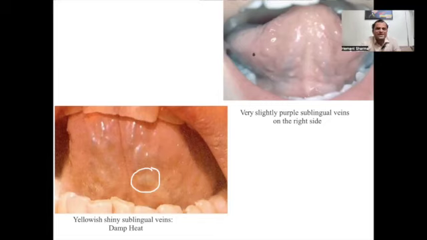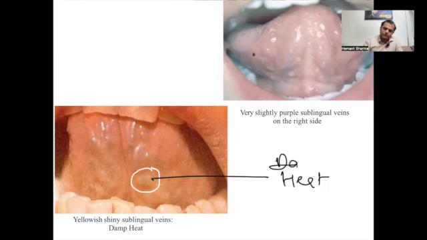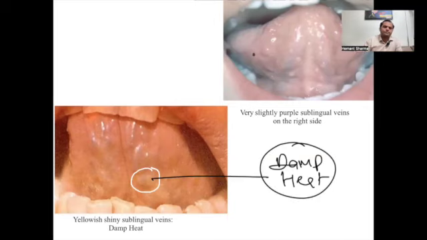Yellow color and shiny. So the yellow color is the color of heat. So this is damp heat, because shiny, damp heat. Maybe we'll understand later on, but right now my focus is only the vein, how the vein looks.